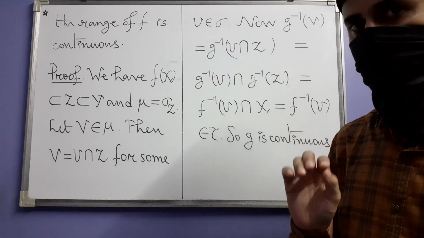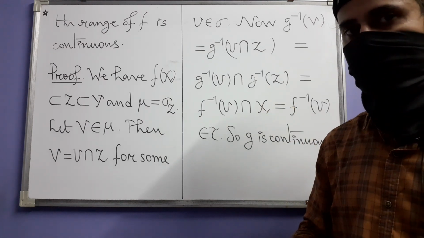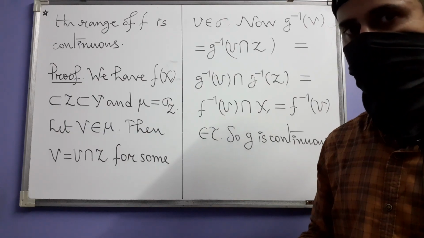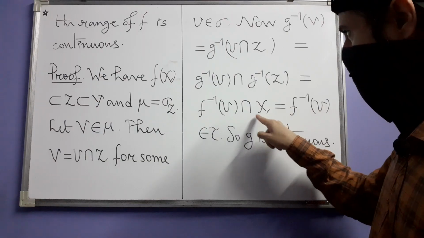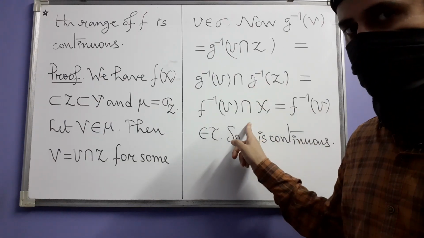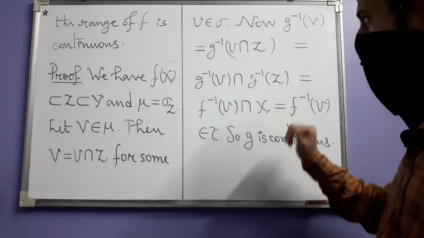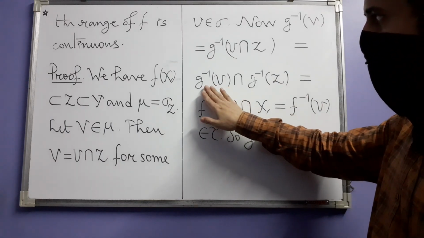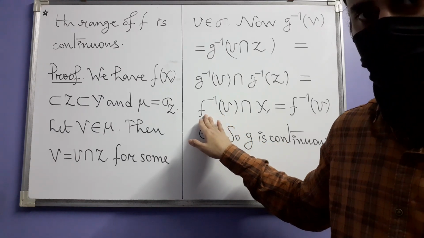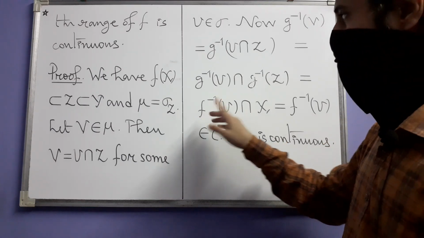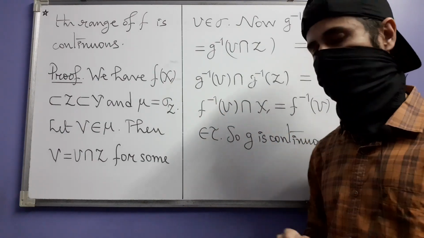You convince yourself why these two are equal. If you cannot see this instantly, you actually do it. You take an element here, show that it's here, and then vice versa. You take an element here and show that it's here. Alright, so these two are equal. But here in place of g inverse of U, we have also written f inverse of U because they are equal, again because g is functionally nothing but f.